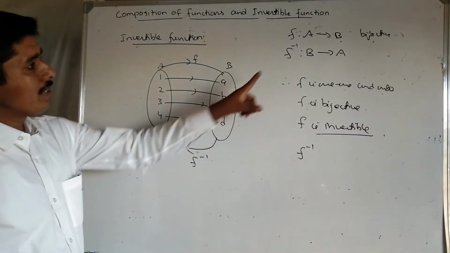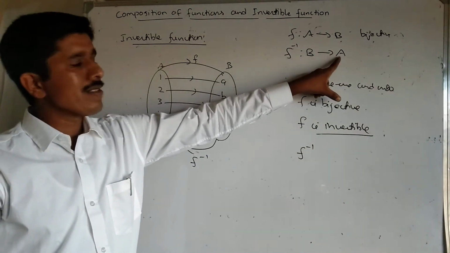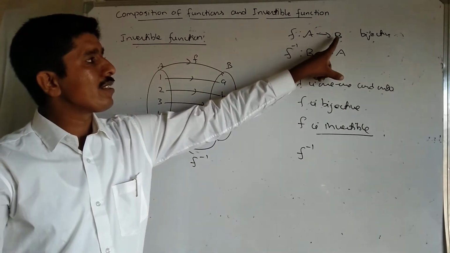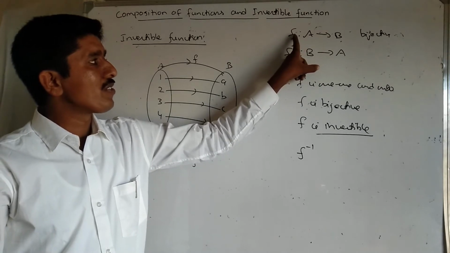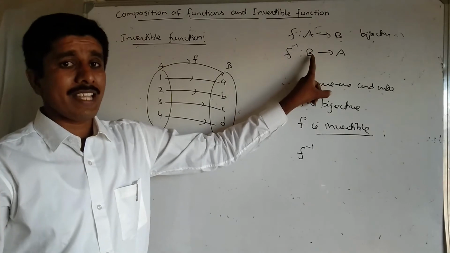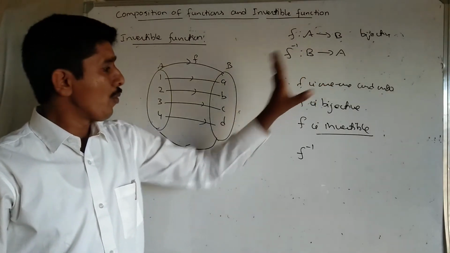So clearly, the domain of F inverse is set B and the codomain is set A. Here for F, the domain is set A and the codomain is set B. So mind it, the domain of F is set A, but the domain of F inverse is not set A, it is set B. Very important.